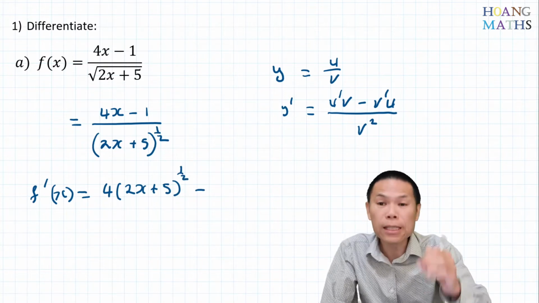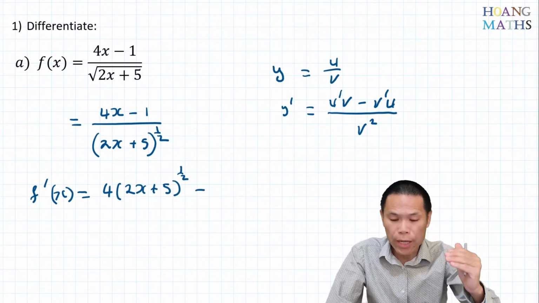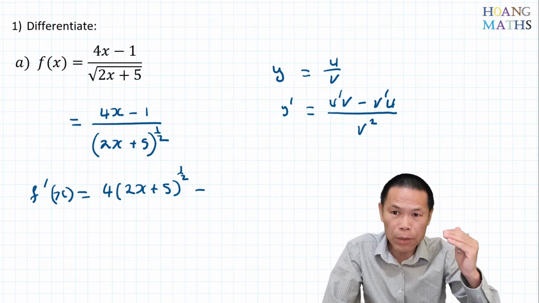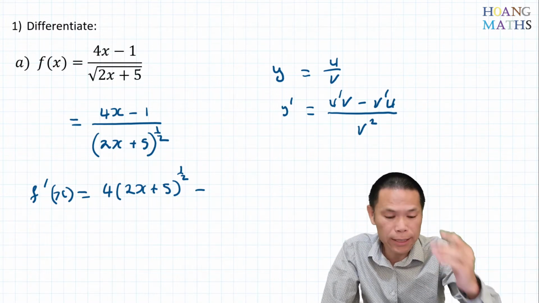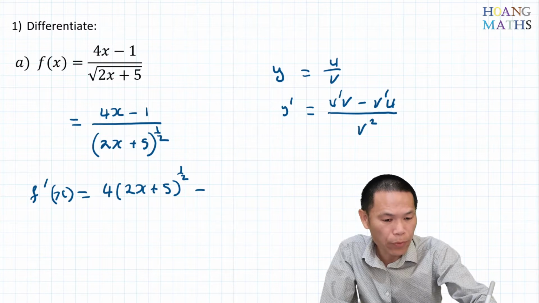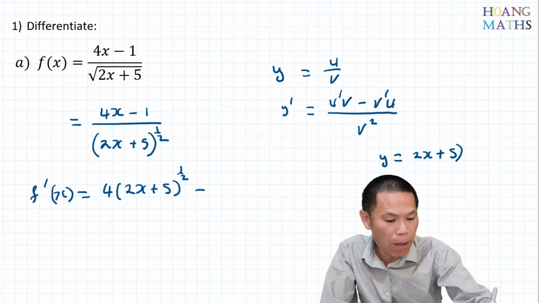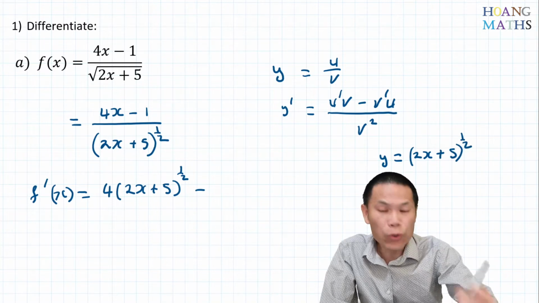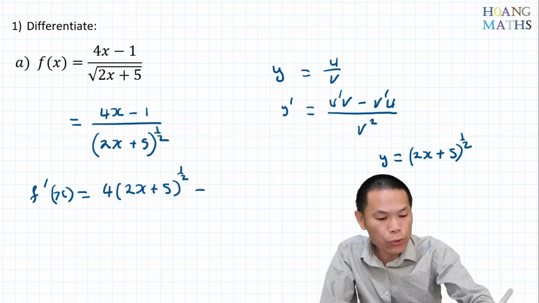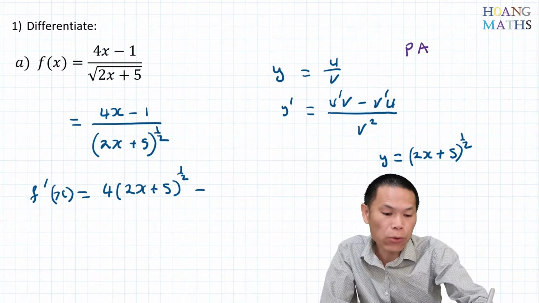Now we minus the differentiated bottom. Differentiating the bottom is a bit complicated, so I write it down so you know what I'm doing. So y is equal to (2x plus 5) to the power of a half. With this one, we use the power angle trick.